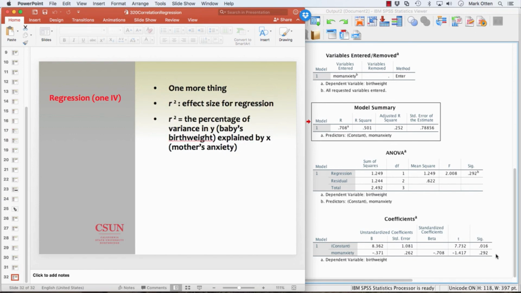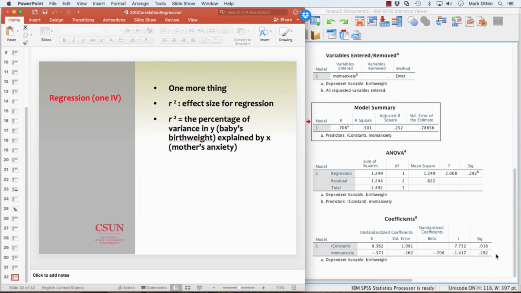The last one here is the r-squared value. If you look over again in the SPSS output, it's 0.501, or you can just take your correlation and square it as we did in Excel. This is the effect size value for regression. So we already evaluated our hypothesis test. Now effect size, as I mentioned before in the Cohen's d video, is very important.